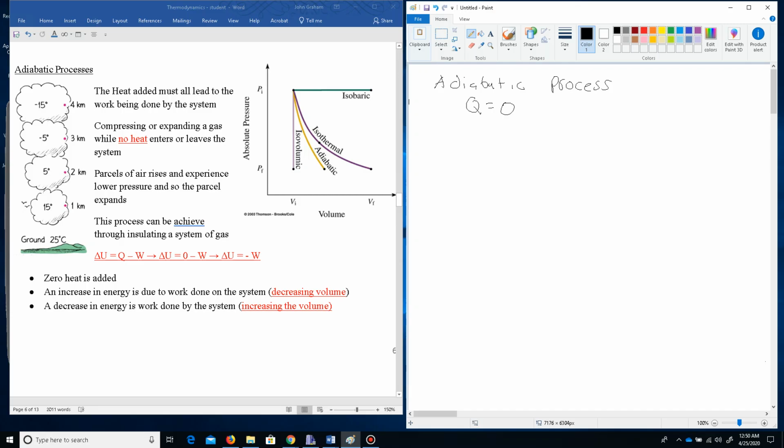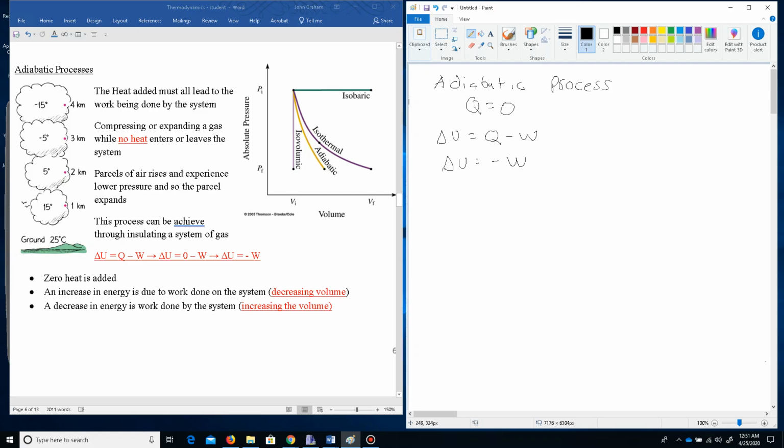The equation will look like this: delta U equals Q minus W, and Q is 0, so delta U ends up equaling just a negative W. So when you have an increase in energy due to work done on the system, you have a decrease in volume. And a decrease in energy due to work done by the system, you have an increase in volume.